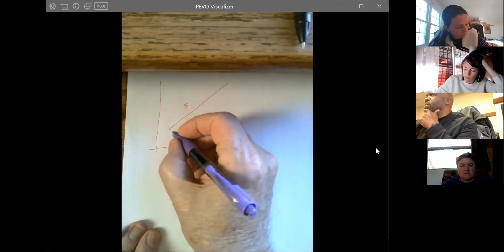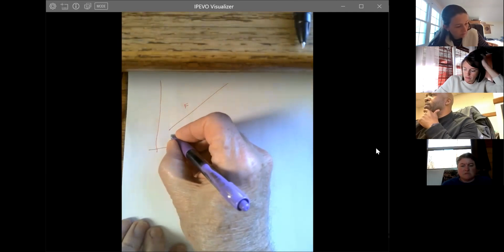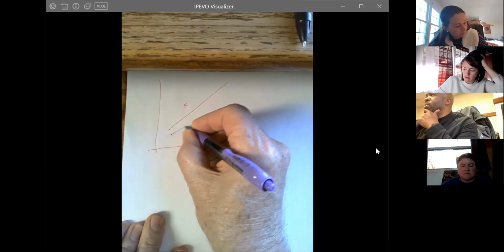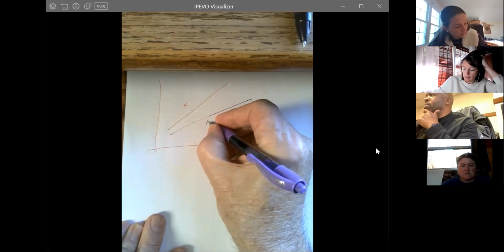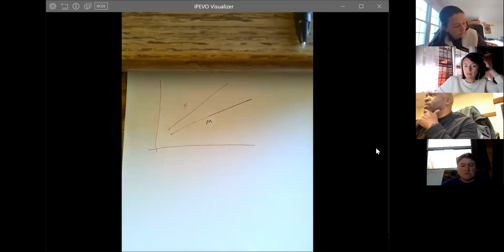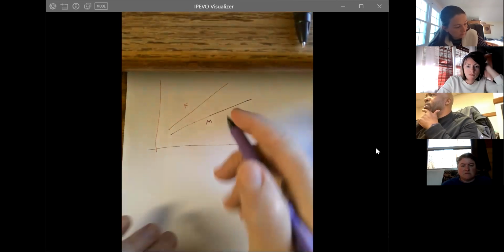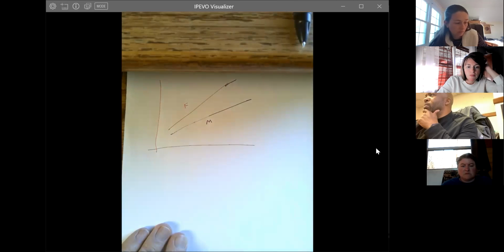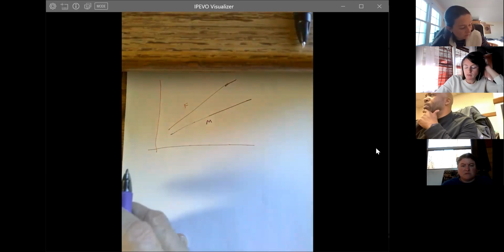And we're drawing another line for male. And the differences in the slopes tell us, really is what's telling us, the significance.